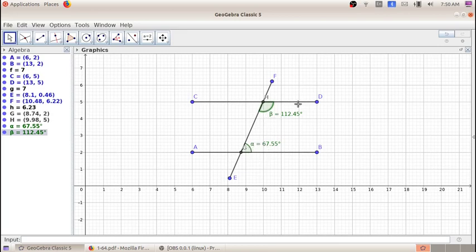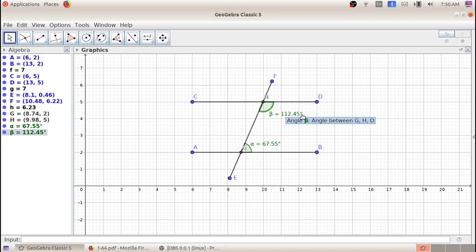Co-interior angles are inside this space DHGB. Okay, so these two angles, because they are inside this space, that is why they are called co-interior, interior. So this is known as co-interior angles.